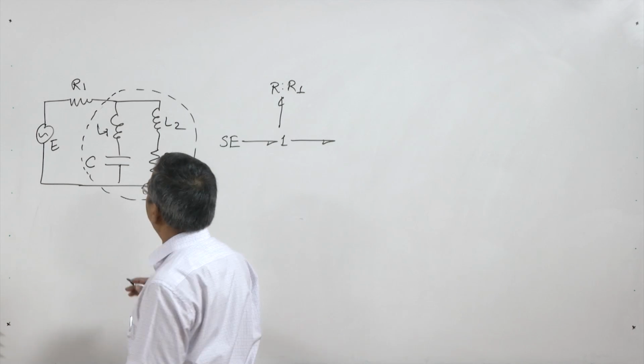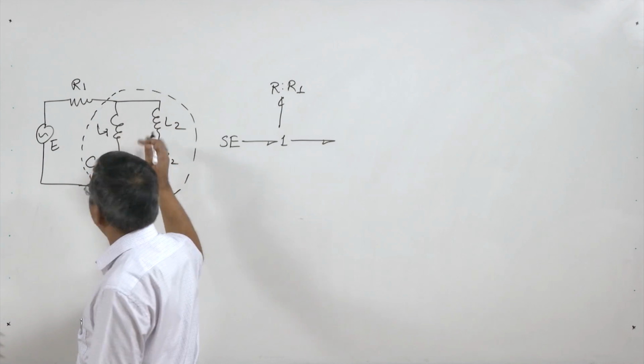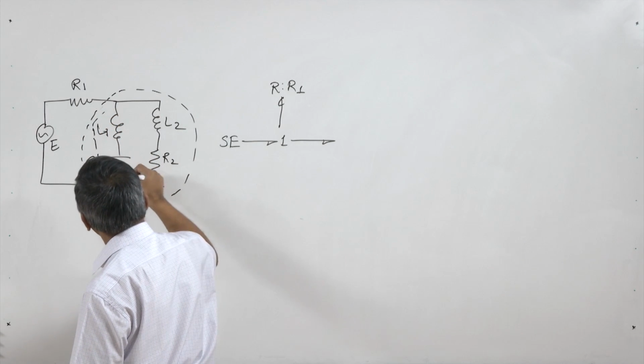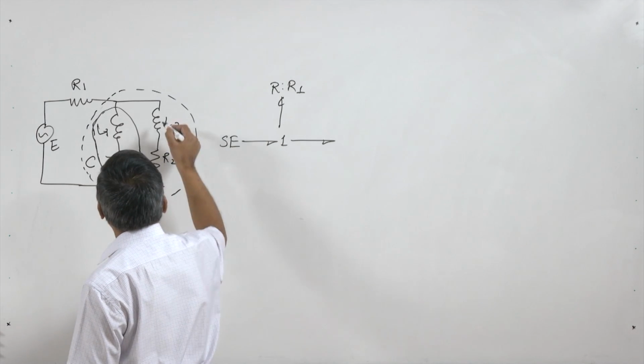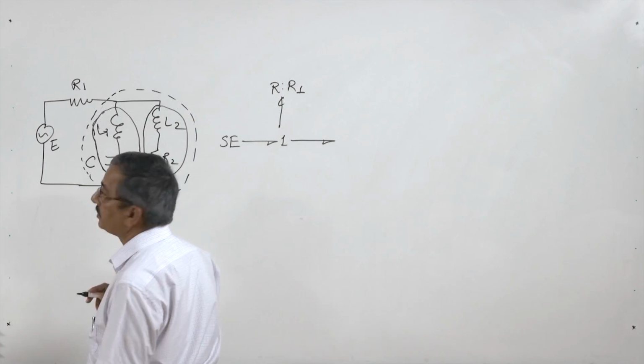Okay. Fine. Now, in this something you can see that there are two things, this inductor and capacitor, say they are in series, and again this inductor and resistor are in series.